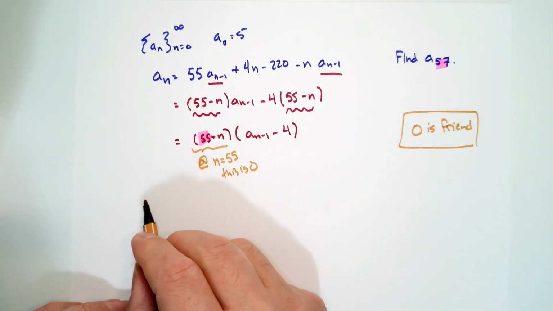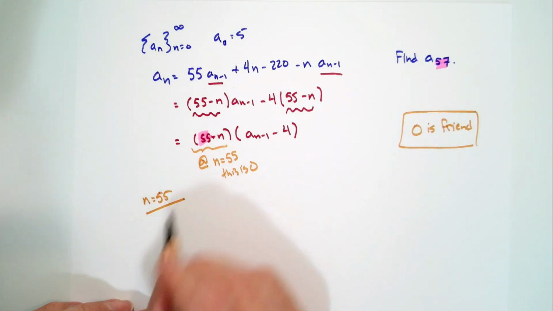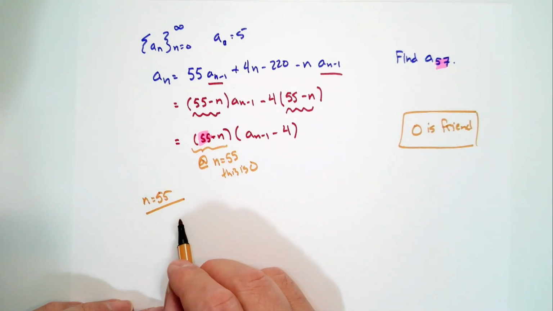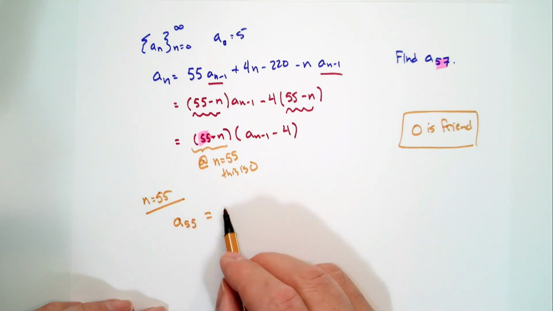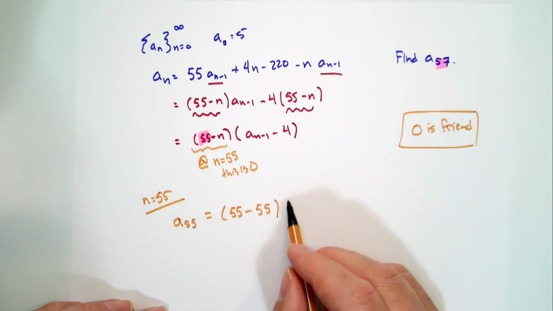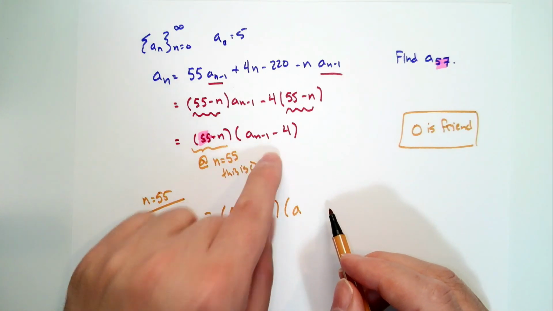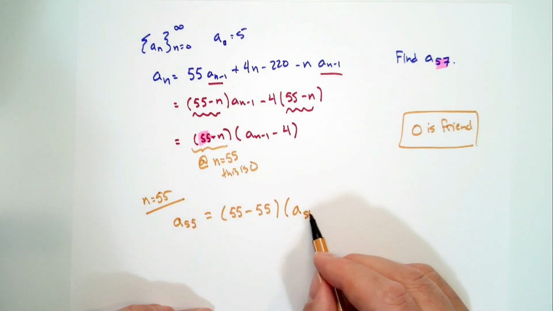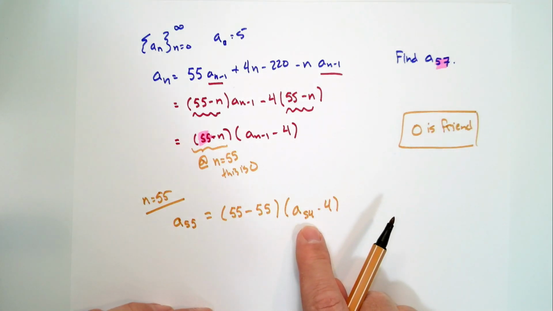Okay, so in other words, we're getting close to where our target is. At n equals 55, what do we have? According to the rule, it says A55 equals 55 minus 55 times A55 minus 1, minus 4. Do I know what that is? I do not. Good.